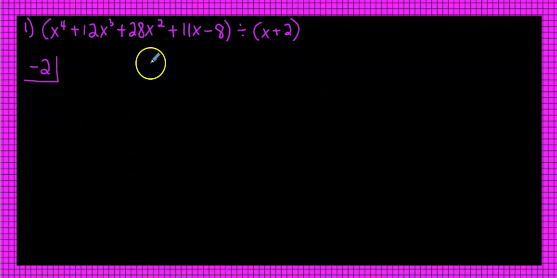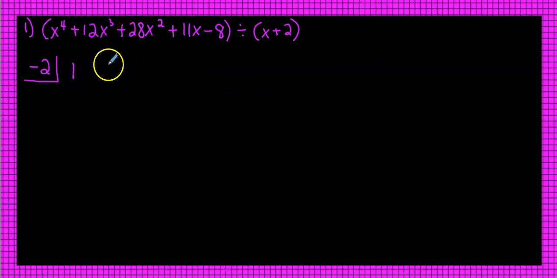After we do that, we need to look at the coefficient of each of our terms in the divisor, I'm sorry, the dividend. This is the divisor. This is the dividend. In the dividend, we're going to list those coefficients in a horizontal line here. My first coefficient, of the x to the 4th, is 1.